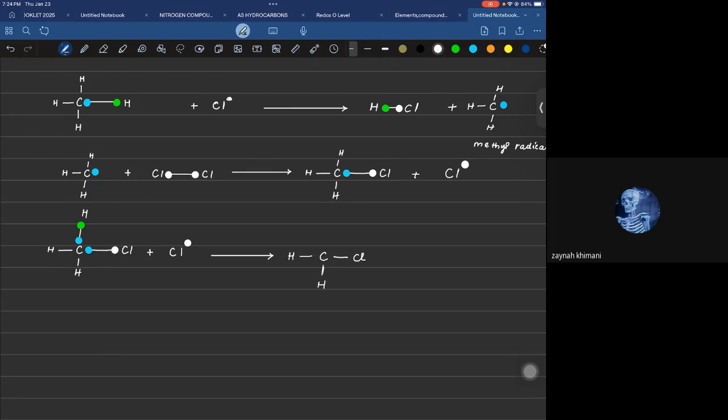And obviously HCl is formed, in which this is an electron of chlorine and this is an electron of hydrogen atom, leaving behind this, again the radical is formed. Once the radical is formed, again it would be reacting with the chlorine molecule, just like that.